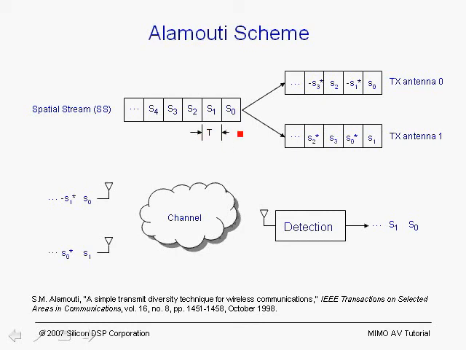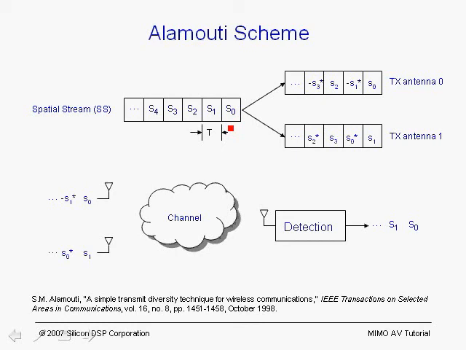And also, since we're dealing with MIMO OFDM, or OFDM in general, consider the fact that S0 is an OFDM symbol and S1 is the next OFDM symbol, and therefore t, in the case of, for example, 802.11a, would be 4 microseconds.